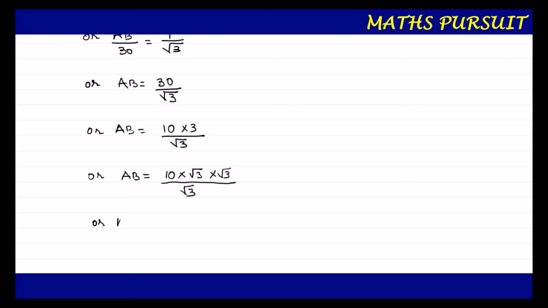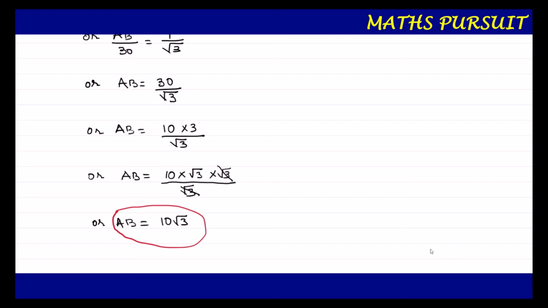Or I can write AB is equal to, this root 3 and this root 3 cancel out, and we are left with 10 root 3. So guys, what we got? We got the value of AB as 10 root 3. If you look into the question, it is asking us to find the height of the tower.